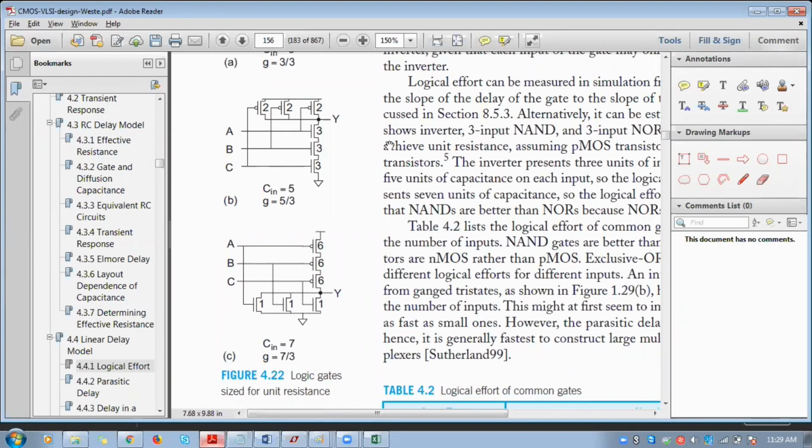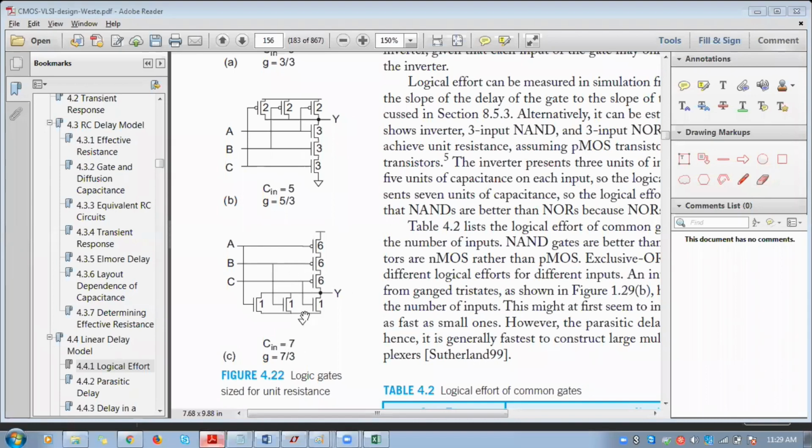In the case of the PMOS, in the case of a NOR gate, as the input increases, there is no change on the NMOS side, but the PMOS side will become doubled again. So here 7 by 3 for 3 input.